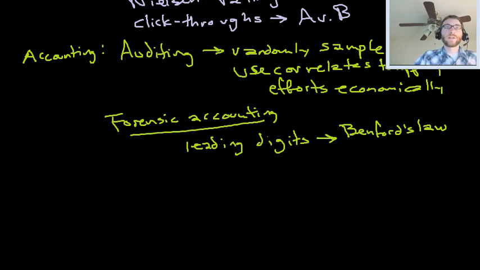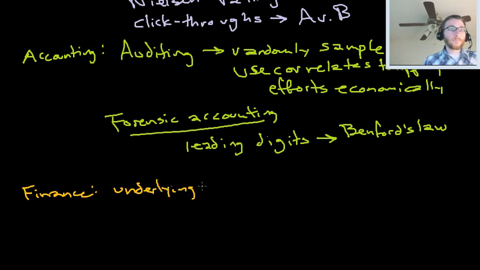Finally, finance. Everybody knows very recently lots of things have been going on with finance, and this is the ultimate problem. What we have here is signal and noise, and the question is, what is the signal and what is the noise? We have underlying value and statistical noise.